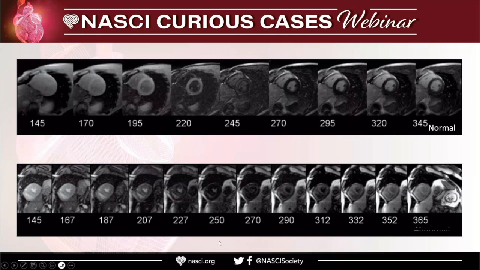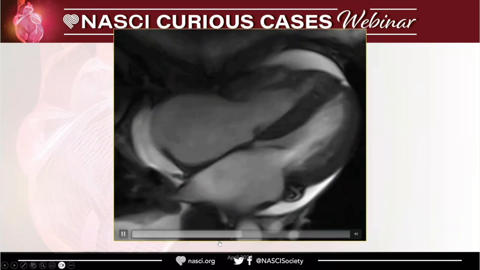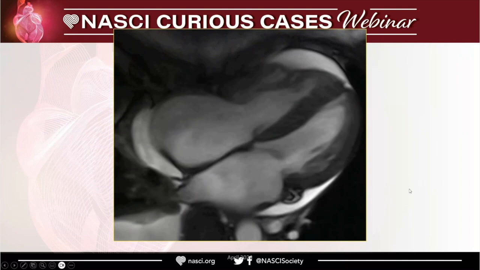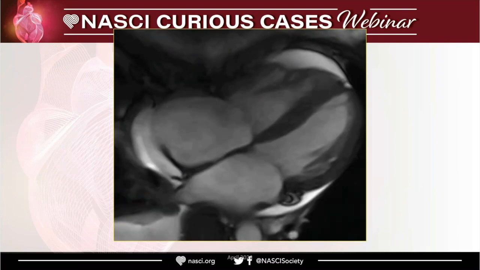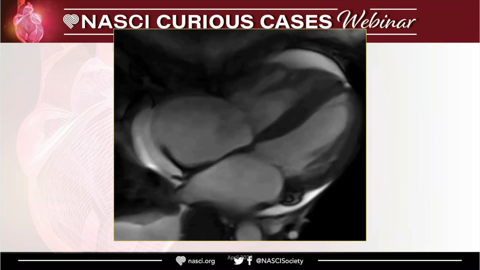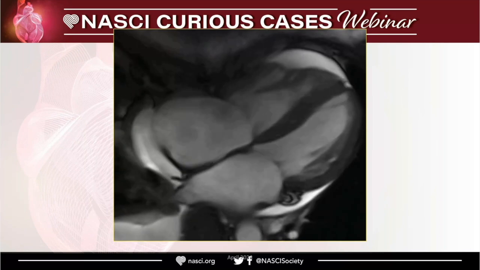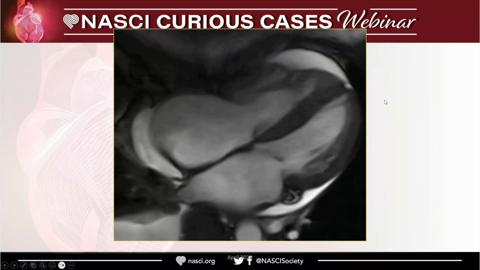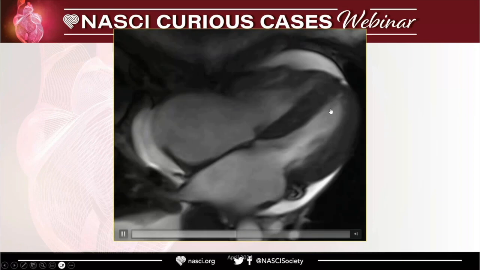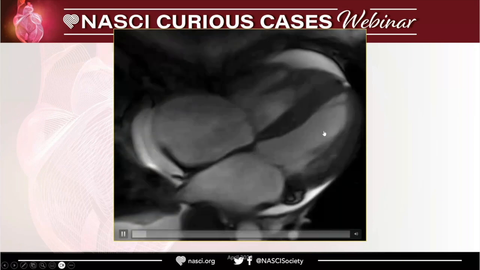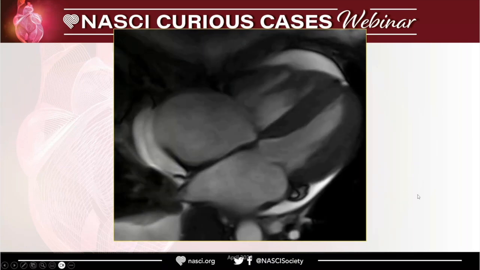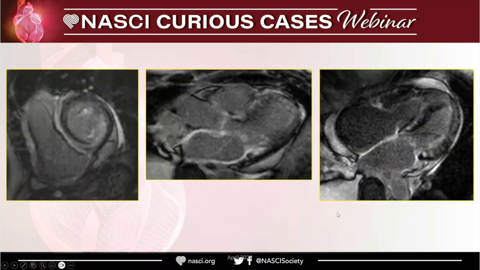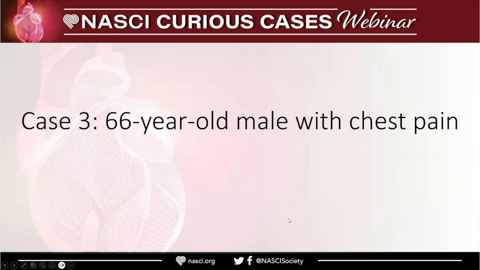And when you have infiltrating disease with this physiology, like amyloidosis, what kind of physiology do we have? Restrictive physiology. Yeah, so you are correct. So this is amyloidosis. The left ventricle and right ventricle are not filling properly, so not appropriate preload, and that is the problem. So restrictive cardiomyopathy, and you see enhancement like that.